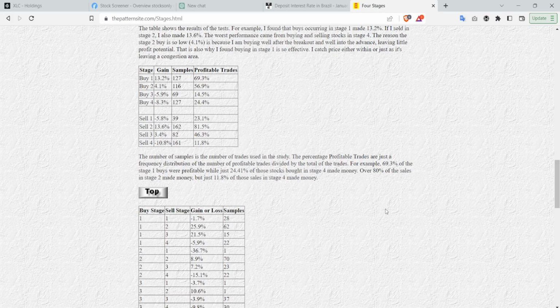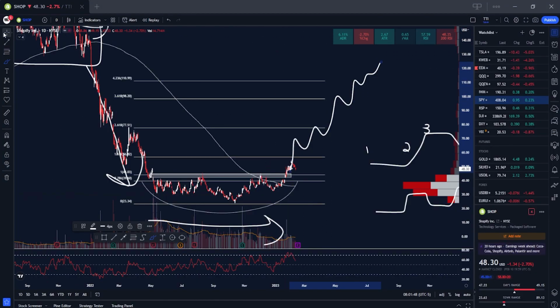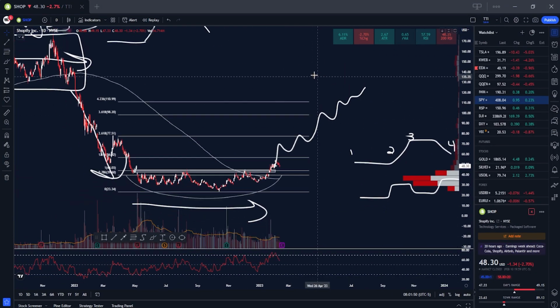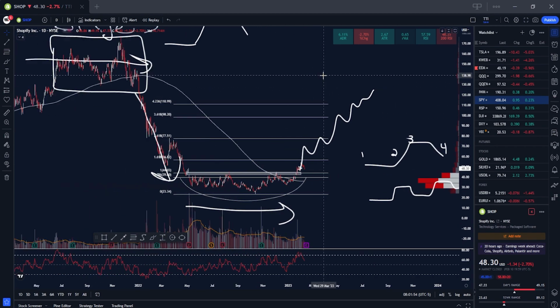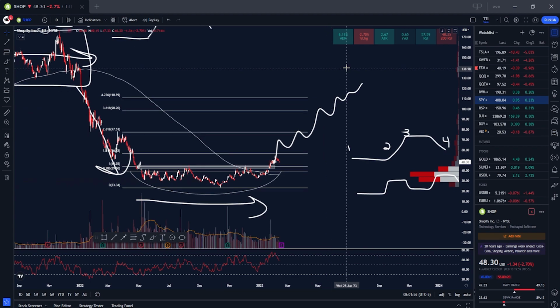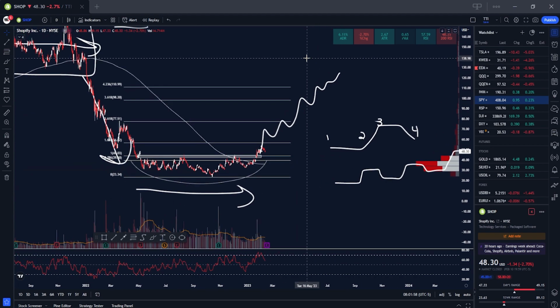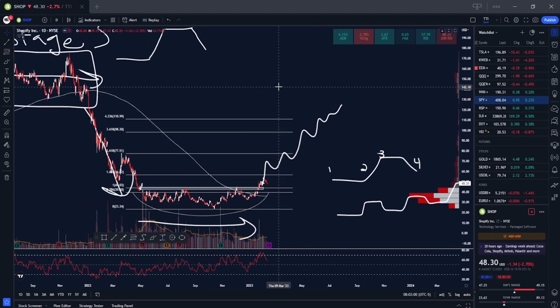But I do want to point out really quick, it's incredibly hard to just want to sell stage 2 because we don't know how high stage 2 can go. We don't know where the top is necessarily going to be. And especially if we're in a very large market cycle, this could hit all-time highs. So for example, we bought this breakout on Shopify. If we were to sell it right here, that's a profitable trade.